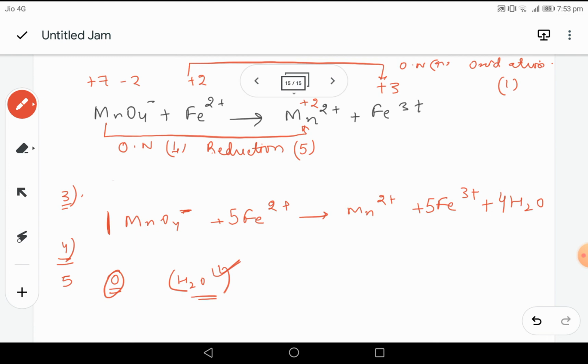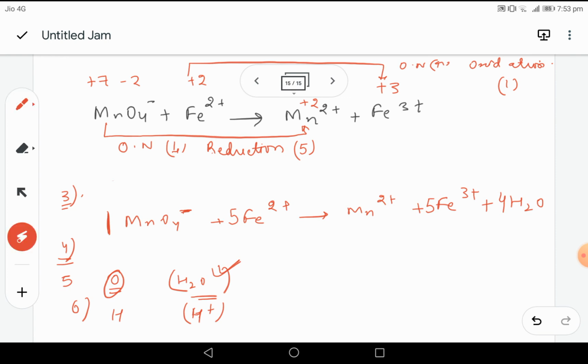So now if you see, my manganese is balanced, oxygen is balanced, iron is balanced. But when I add water to the product side, I get 4 hydrogen molecules also, right? So I have to move to the last step now, that now I have to balance this hydrogen by adding H positive ions to the side that is deficient in hydrogen.